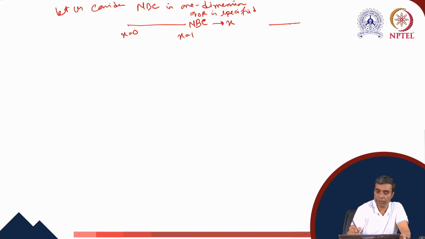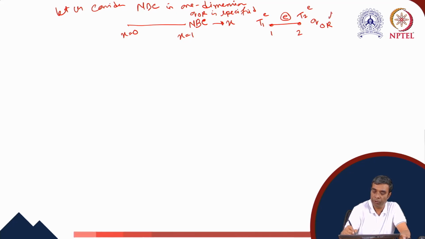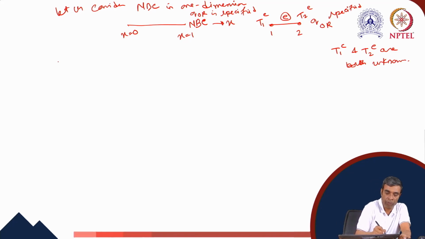Let us consider a boundary element. This is element E, local node 1, local node 2. This is Q0R. So this is T1E. This is T2E. Q0R is specified. T1E and T2E are both unknowns.